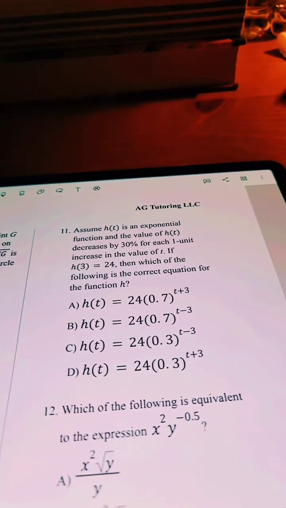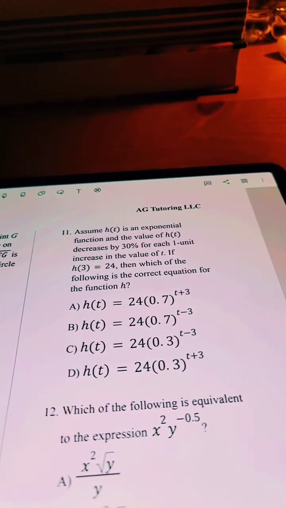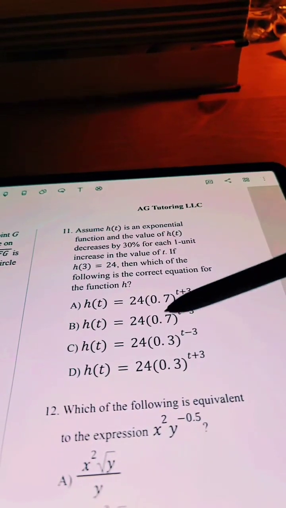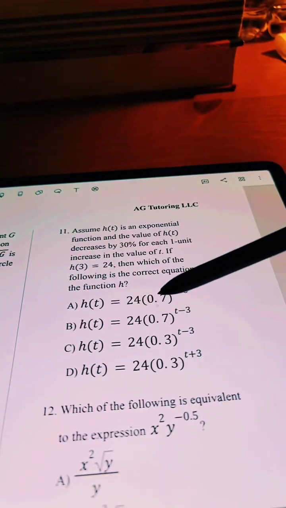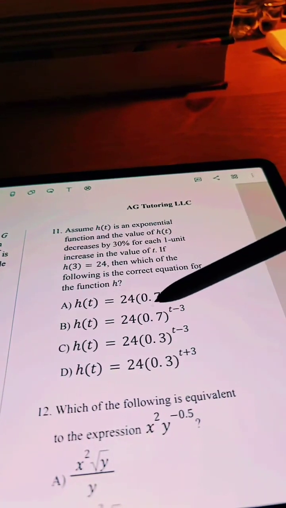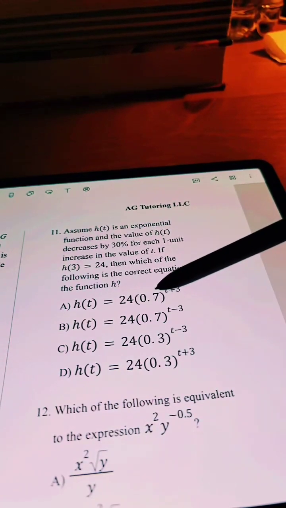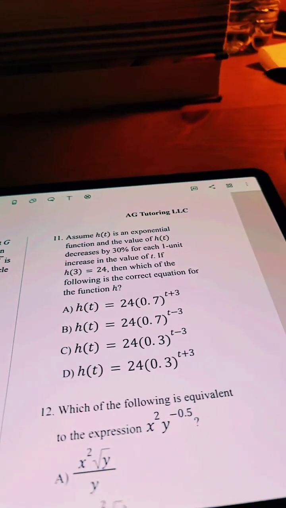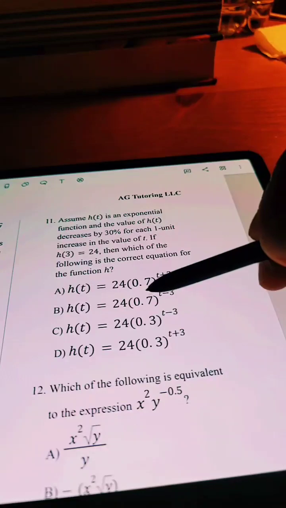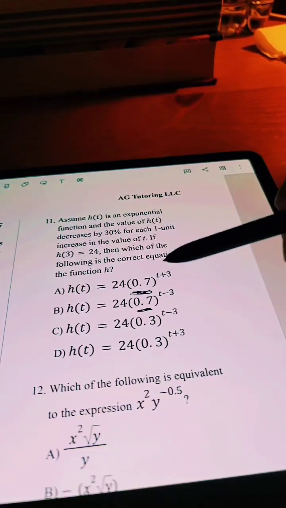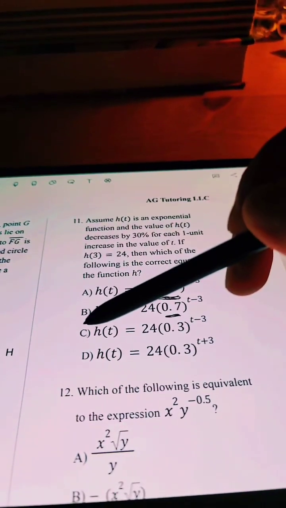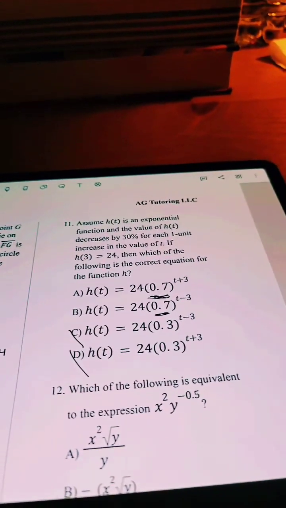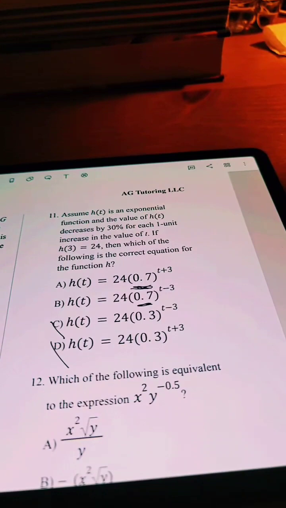If it's decreasing by 30%, that means you're left with 70% each time. There are different variations of this formula. I refer to it as the rate you're multiplying by, the however much is left, which is 70%. So that value in here needs to be 70% as a decimal, and the only options that give us that are A and B. So we have to cross out C and D because you're basically multiplying by 70% each time.